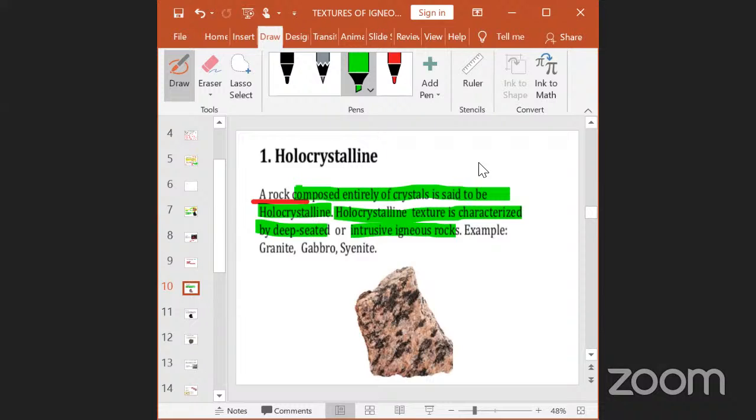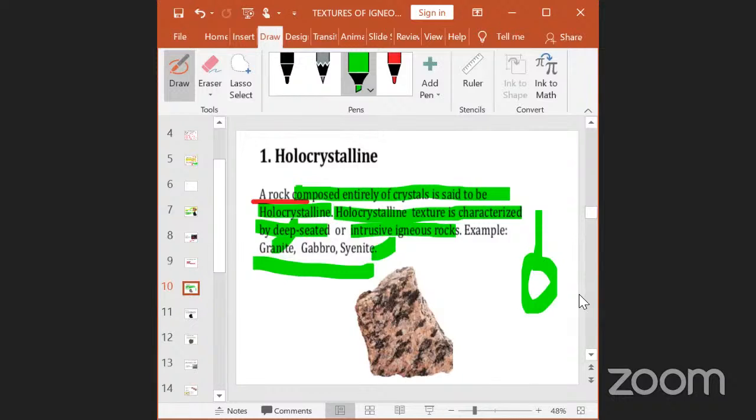That indicates cooling that was sufficiently slow to allow complete crystallization to occur. Examples of holocrystalline are granite, gabbro and syenite.